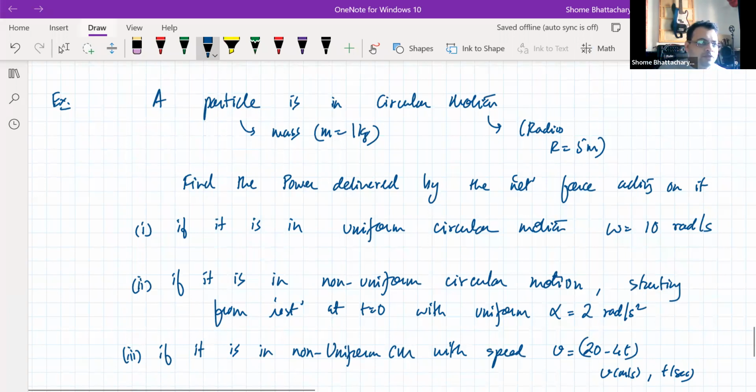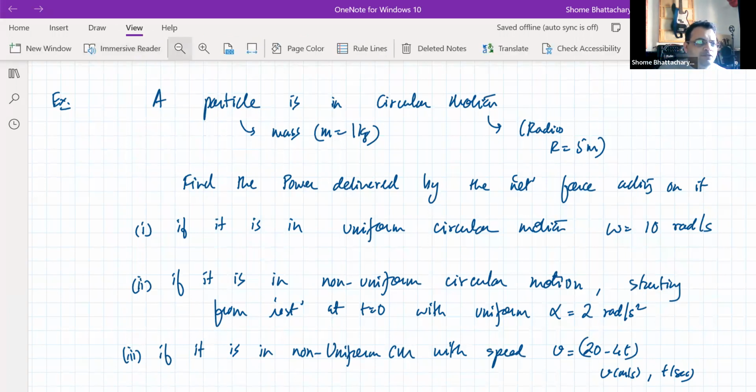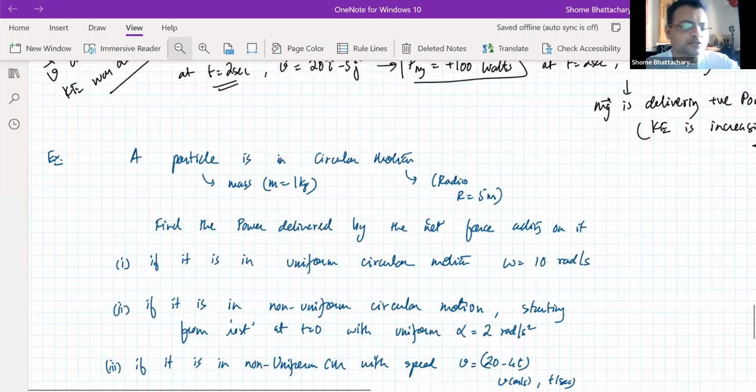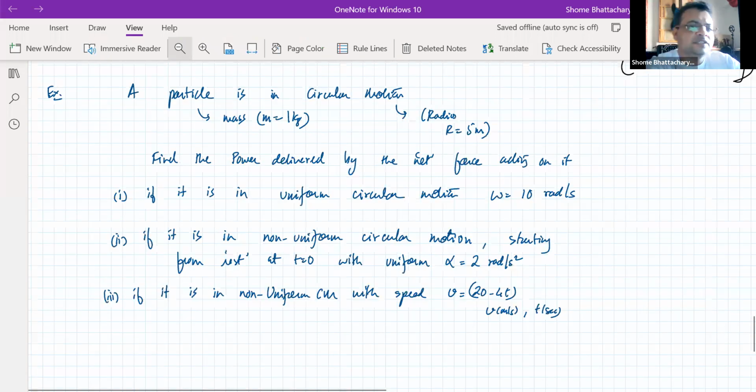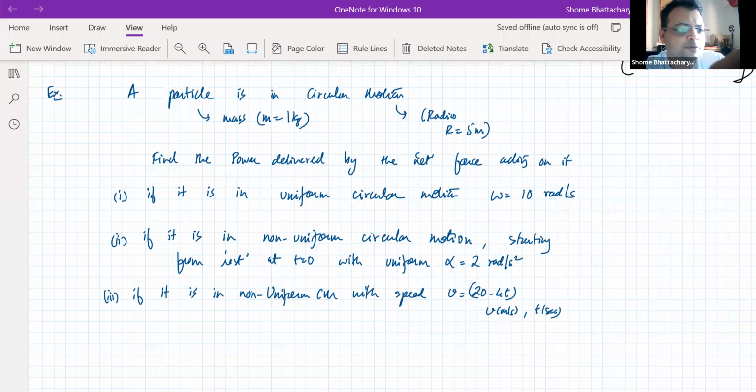Okay. So we are looking at a particle of given mass in circular motion of a given radius in 3 different situations. In one situation, it is doing uniform circular motion with a given angular speed. In the second case, it's starting from rest in non-uniform circular motion with a uniform angular acceleration alpha of 2 radians per second square.